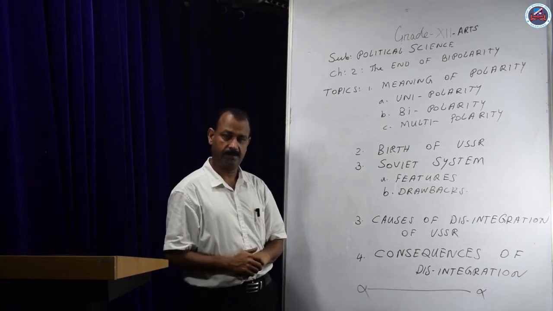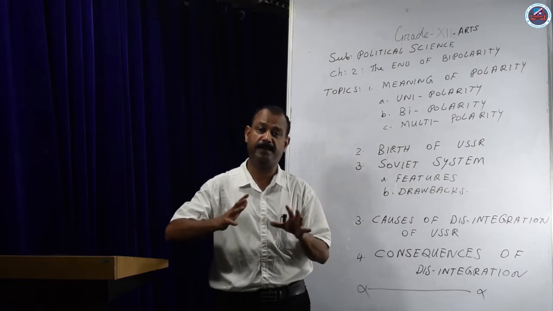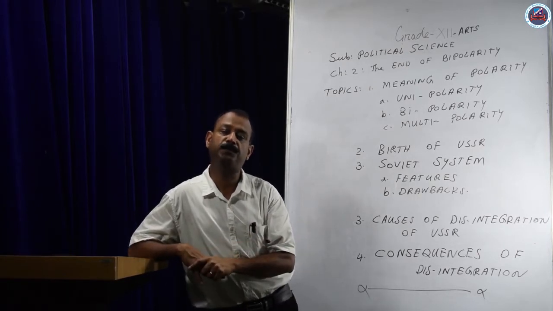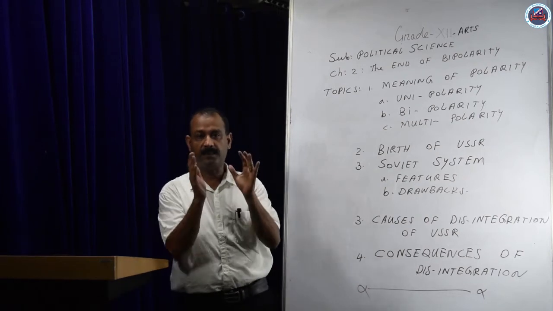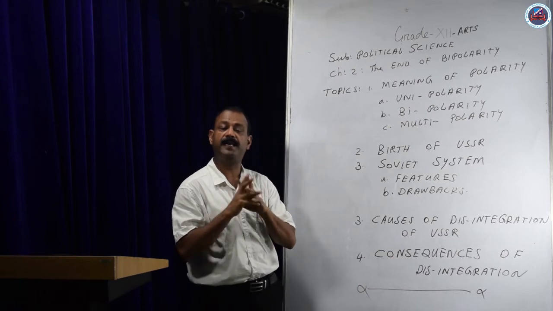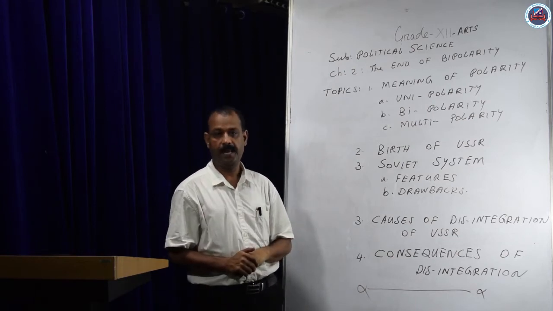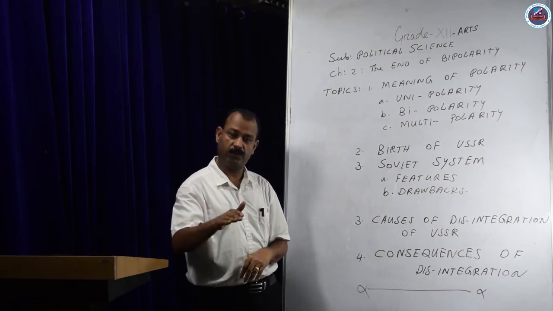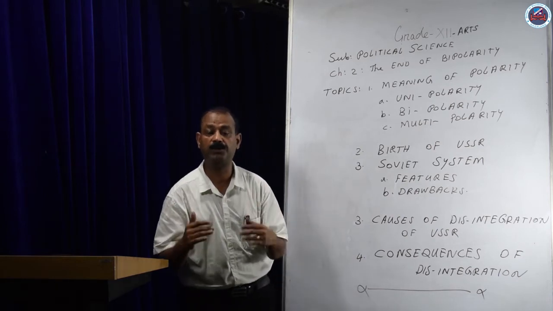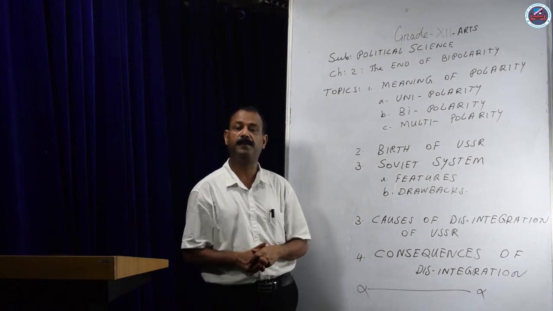Their leader, Vladimir Lenin, formed a party known as the Bolshevik Communist Party. And this party led the Russian Revolution in 1917. With the Russian Revolution, they overturned the Tsars and established a popular government.